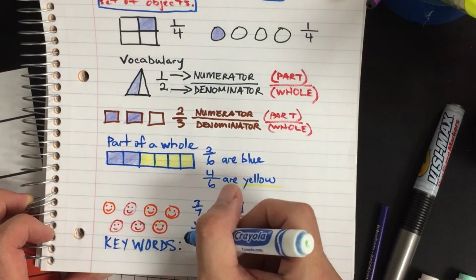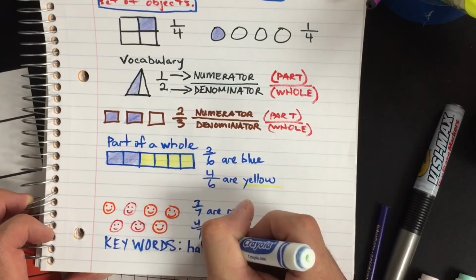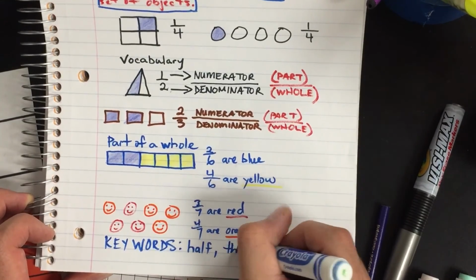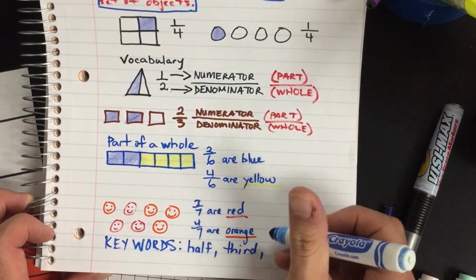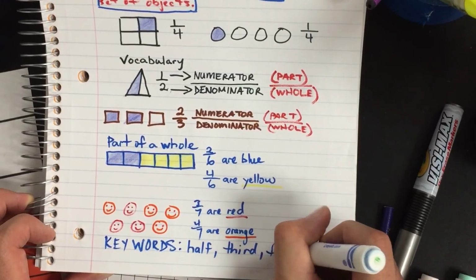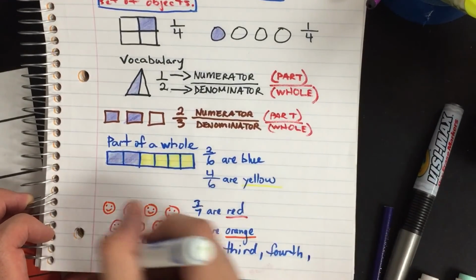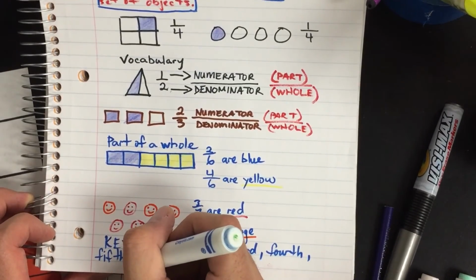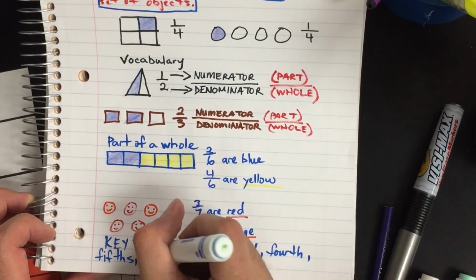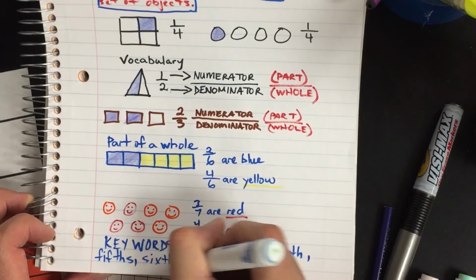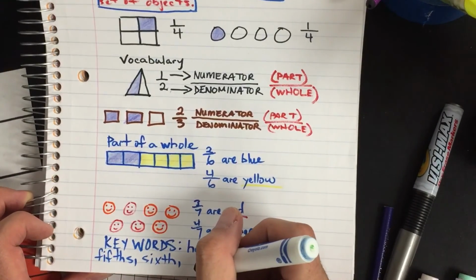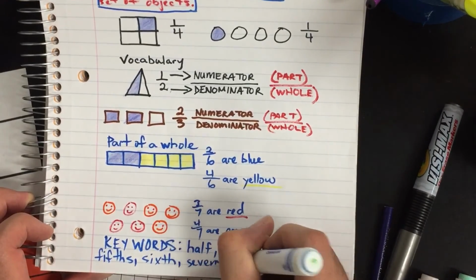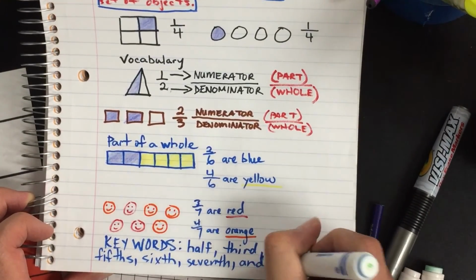And these keywords are half, third, fourth, fifths, sixth, seventh, and we'll do eighth.